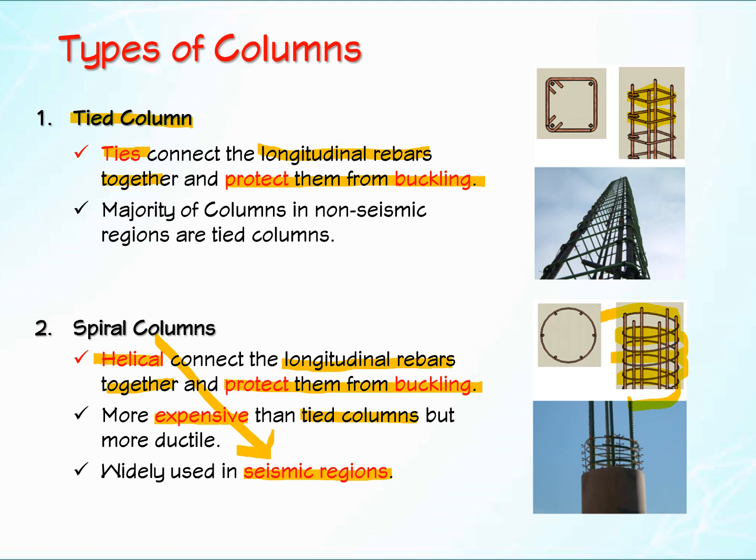Tied column also is used in seismic region, but its capacity is less than spiral columns. Because of the spiral continuity, it's hard to construct, so it's more expensive. But its final behavior at ultimate situation is excellent.